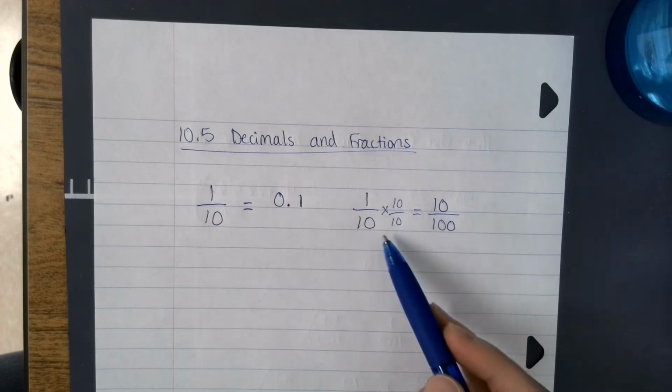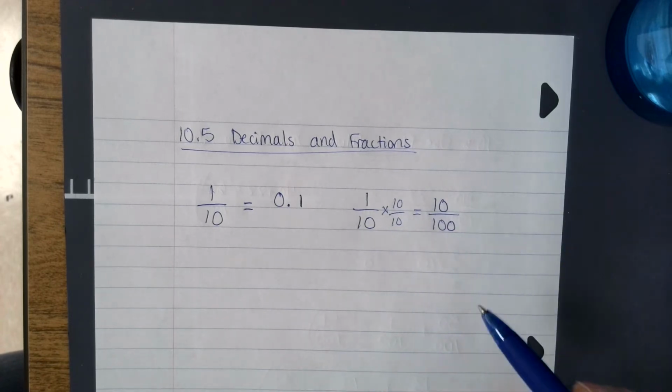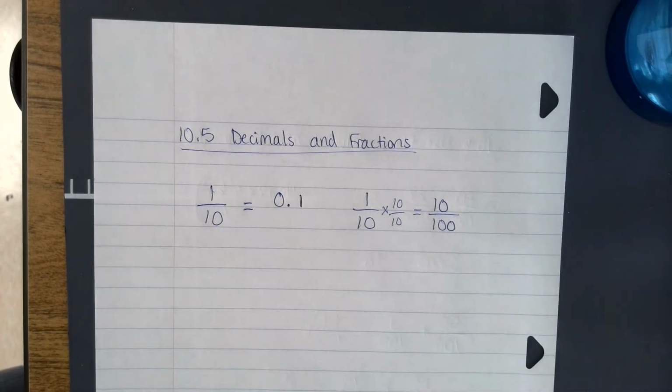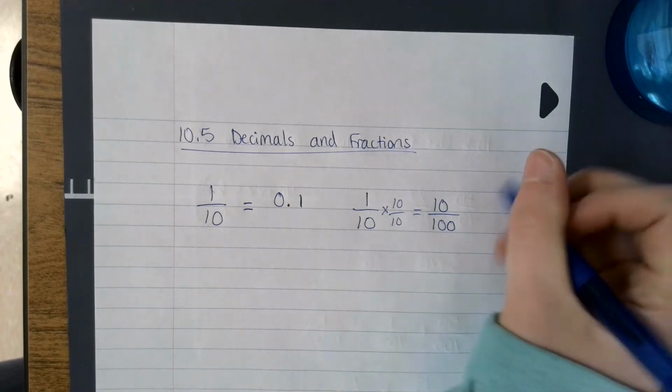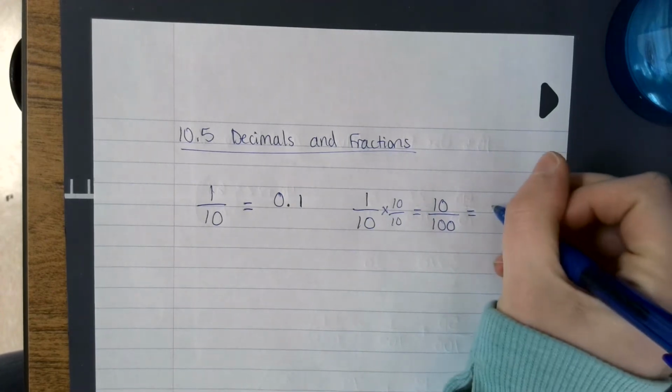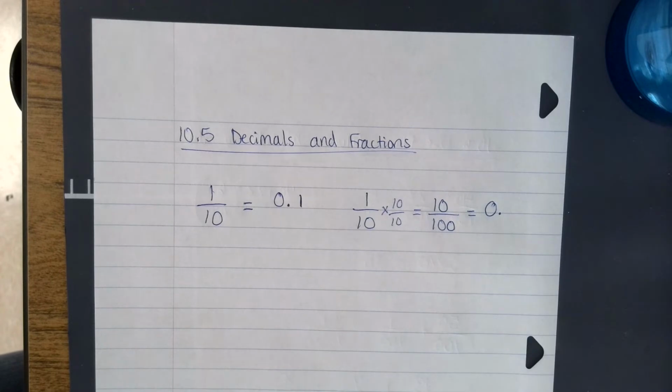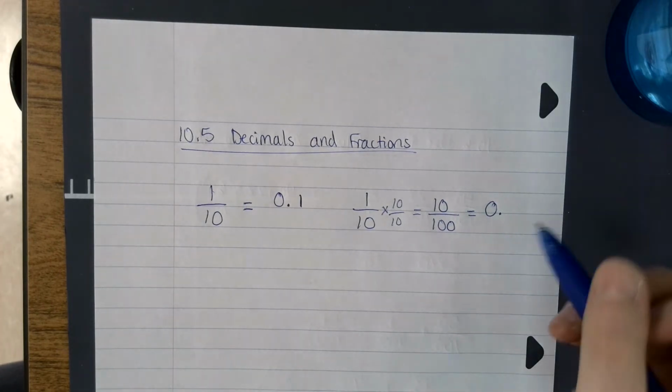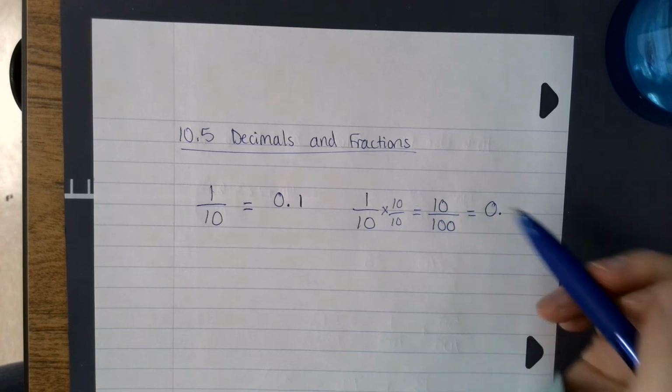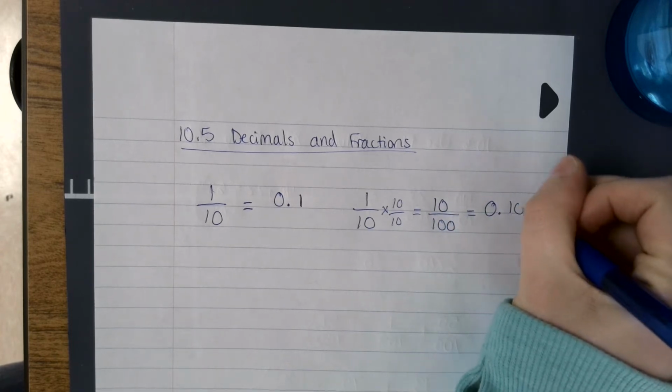So 1/10 equals 10 hundredths, okay? But then to write that as a decimal, 10 hundredths is still less than 1, so I don't have anything in the 1 spot. Then I have my decimal point, and then 10 hundredths would just be 10.